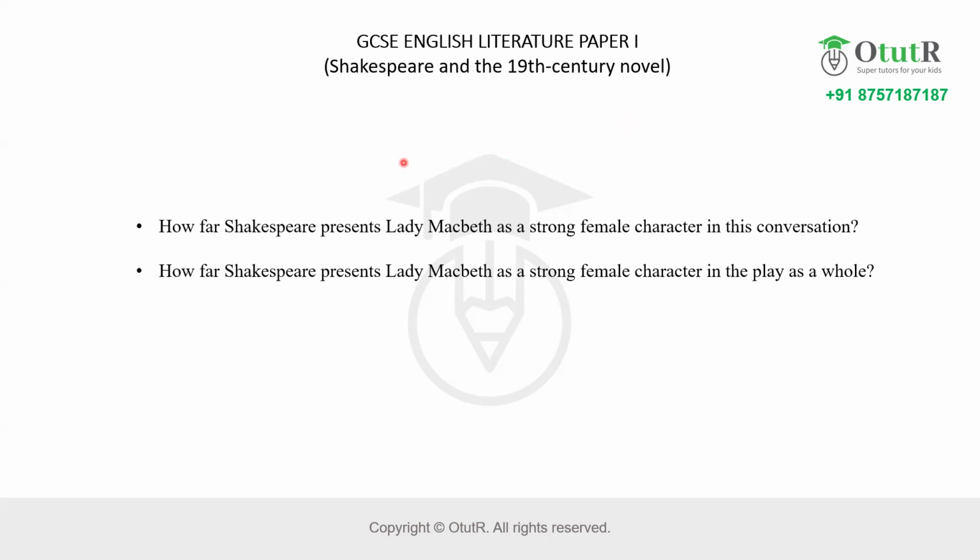This is to help you with your GCSE English Literature Paper 1, both Section A and Section B. We will be looking at one of the most important questions. Taking Macbeth as a reference for Section A, I understand that your school might have chosen a different text for you, but the structure remains the same.